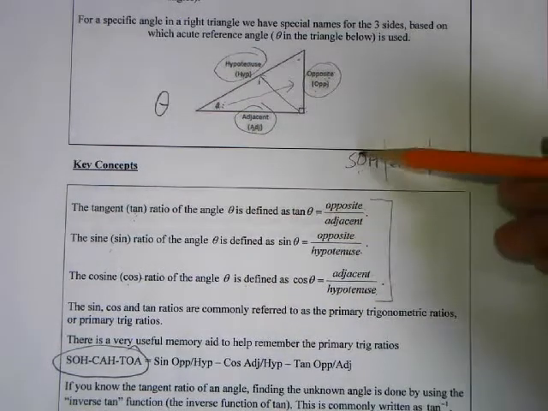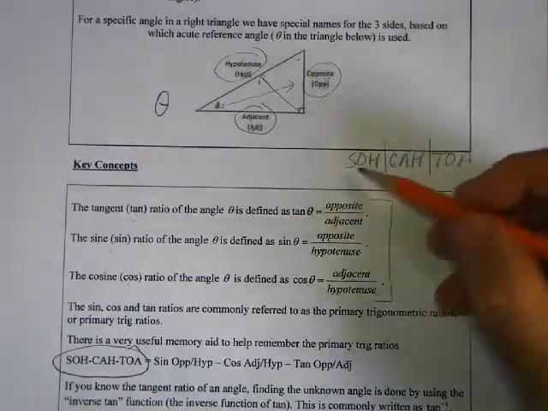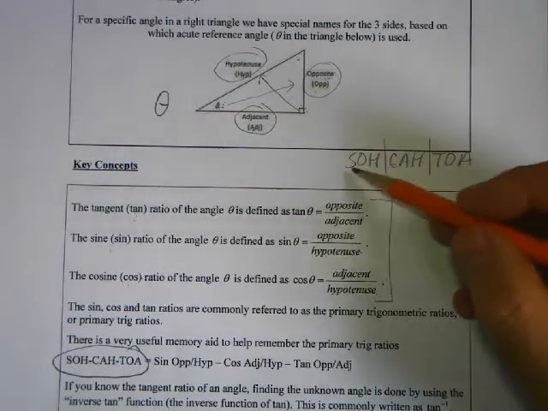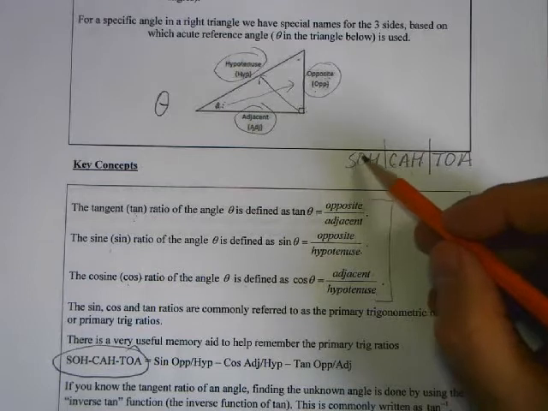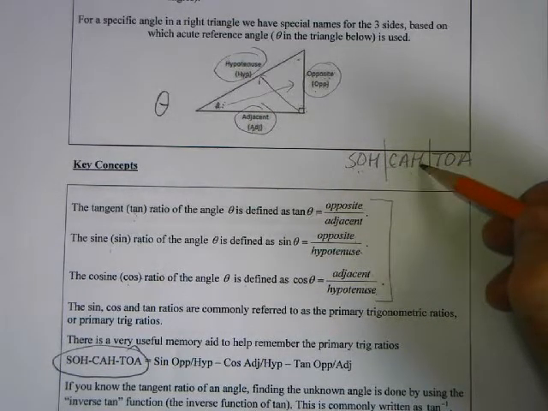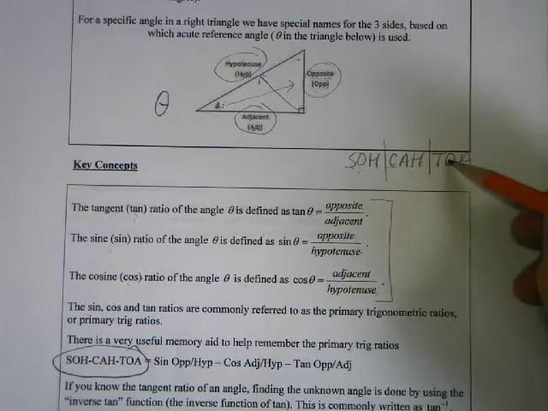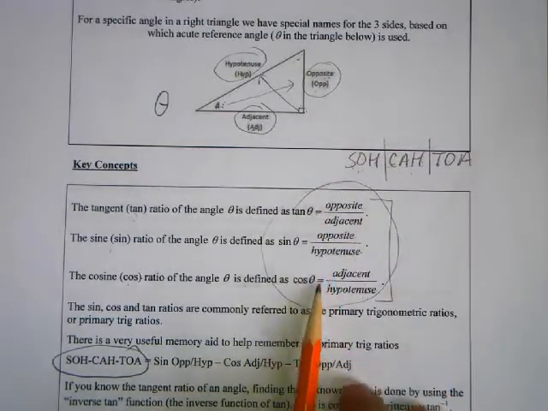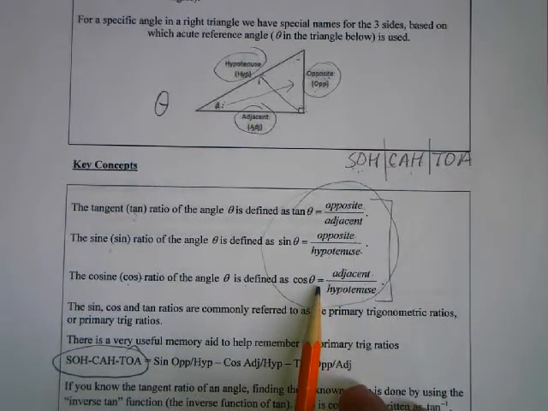So you can say it out loud: sine is opposite over hypotenuse, cosine is adjacent over hypotenuse, tan is opposite over adjacent.